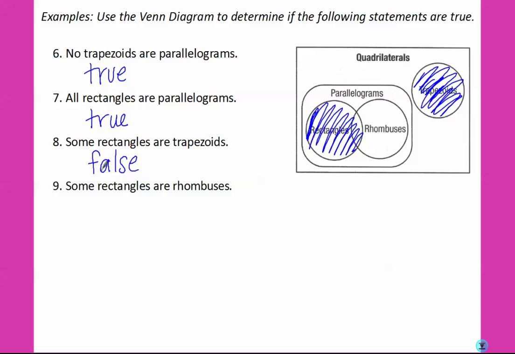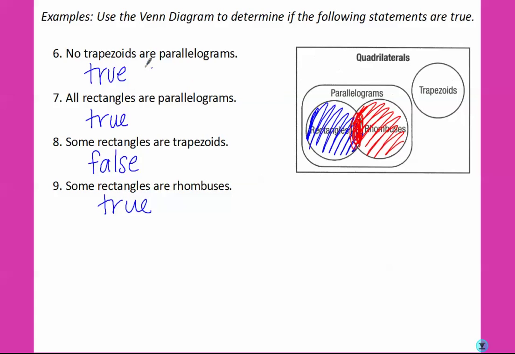We could either say no rectangles are trapezoids to make it true, or let's look at the next one, sorry. Some triangles are rhombuses. Do our rectangles overlap with rhombuses? They do, right in here. So that is true.